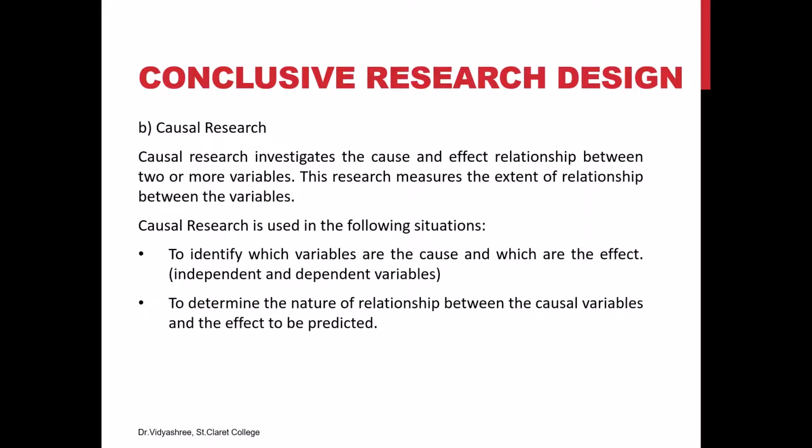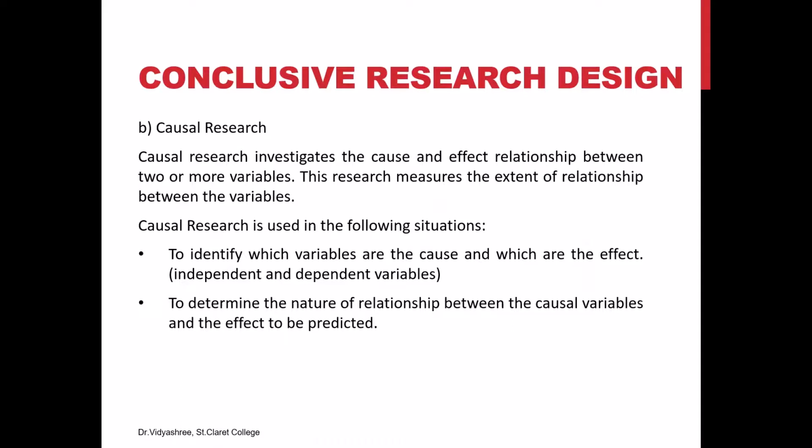In our previous example, we took the yield of the crop and showed rain, soil fertility, and fertilizers and all. So when a researcher conducts this causal research, he will identify which are the dependent variables and which are the independent variables, which is the causing variable and which is the effect variable.